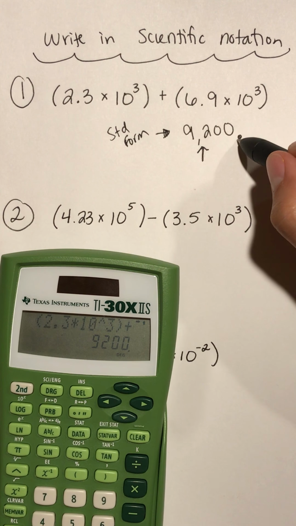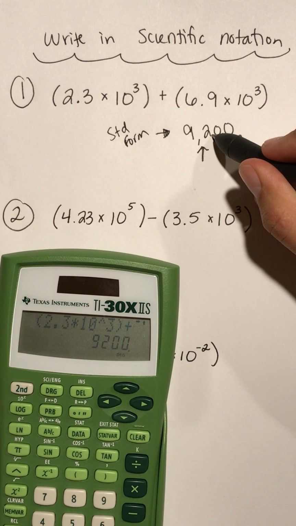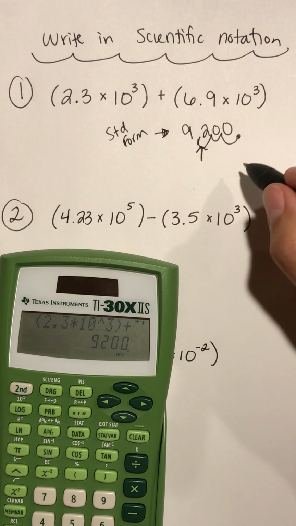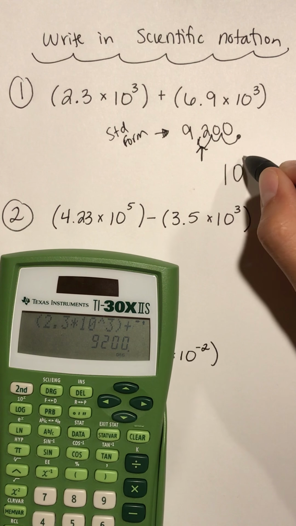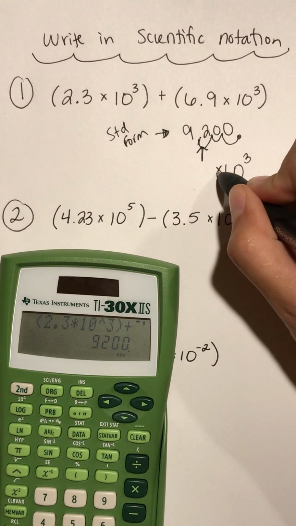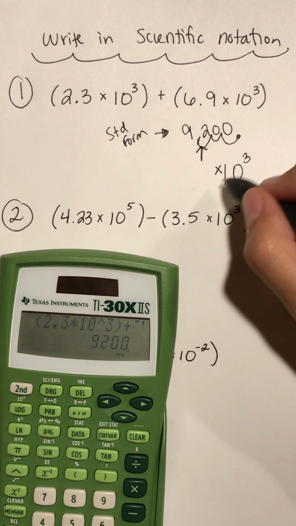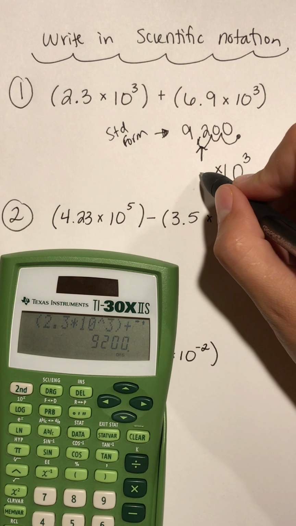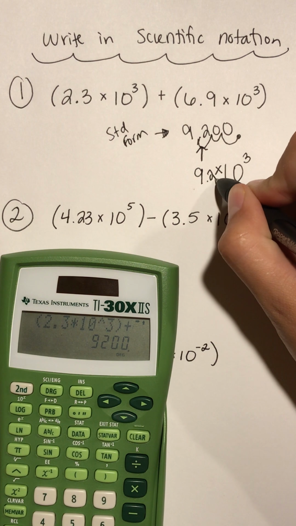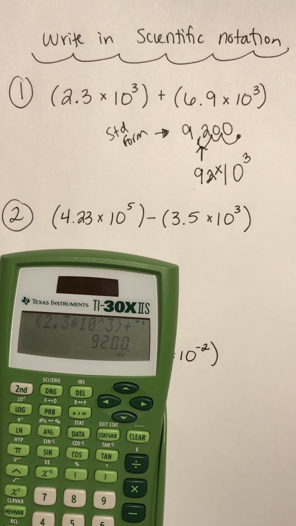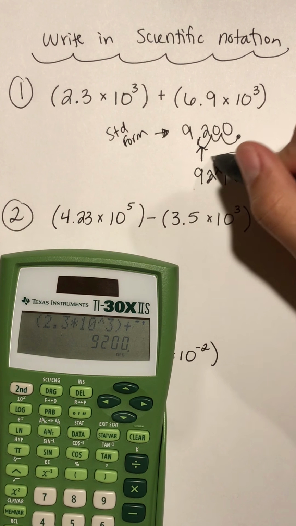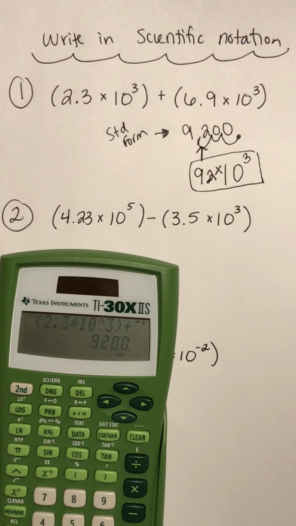So I'm going to count my hops. 1, 2, 3. So 3 hops, which means 10 raised to the 3rd power. Scientific notation is written with the multiplication symbol, and my front decimal that I just created was 9.2. And that right there is my answer in scientific notation.